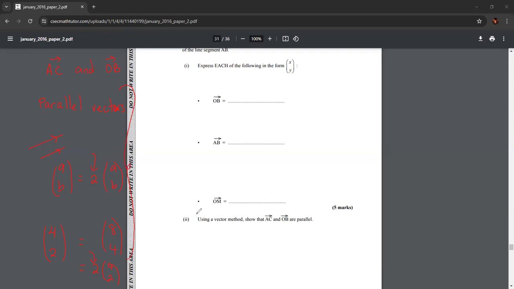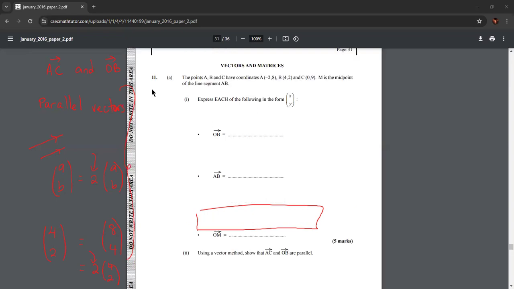So what we're trying to show is that vector AC and vector OB are something times the other. Now, we were not asked to find AC, but in order to answer this, we need to know what AC is.